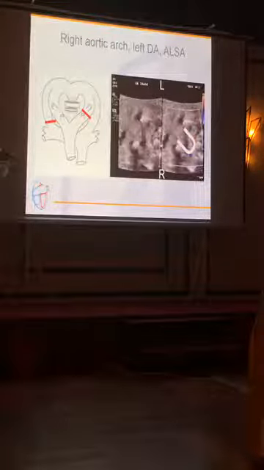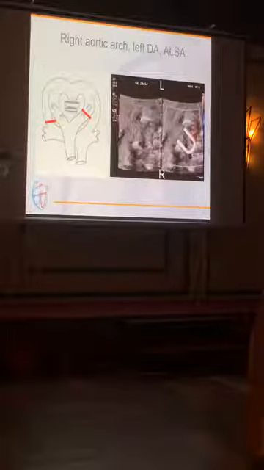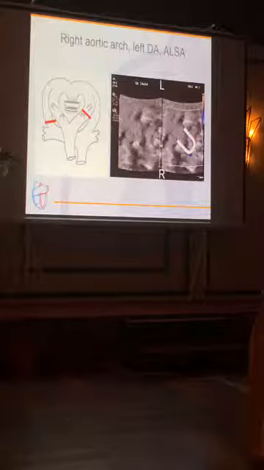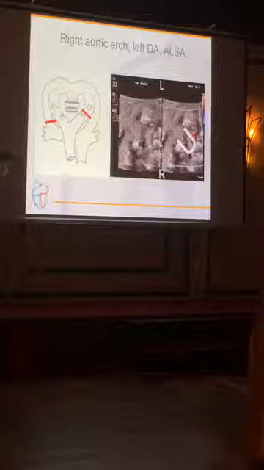It means that it goes from the right to the left when the ductus arteriosus closes. This is how it develops, and again, the arches are interrupted in the wrong places.